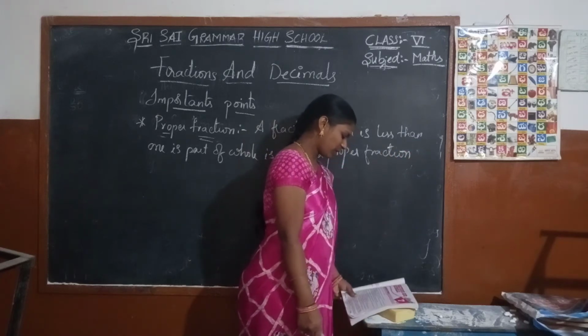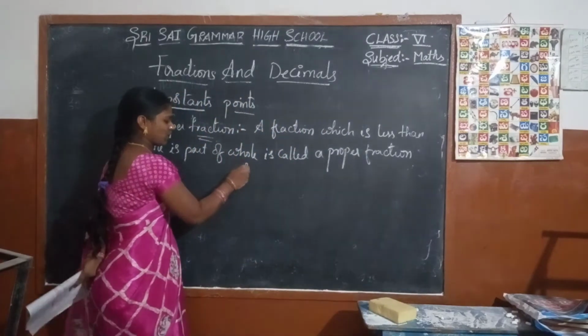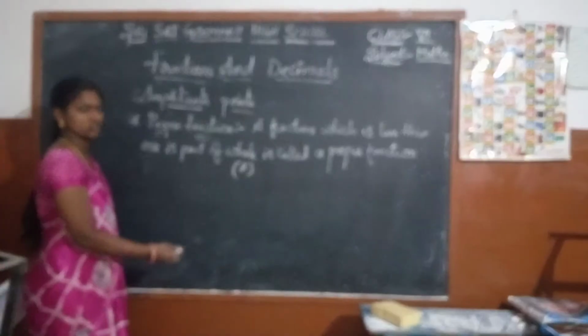So, in a proper fraction, the numerator is always less than the denominator, or you can write it like this also.